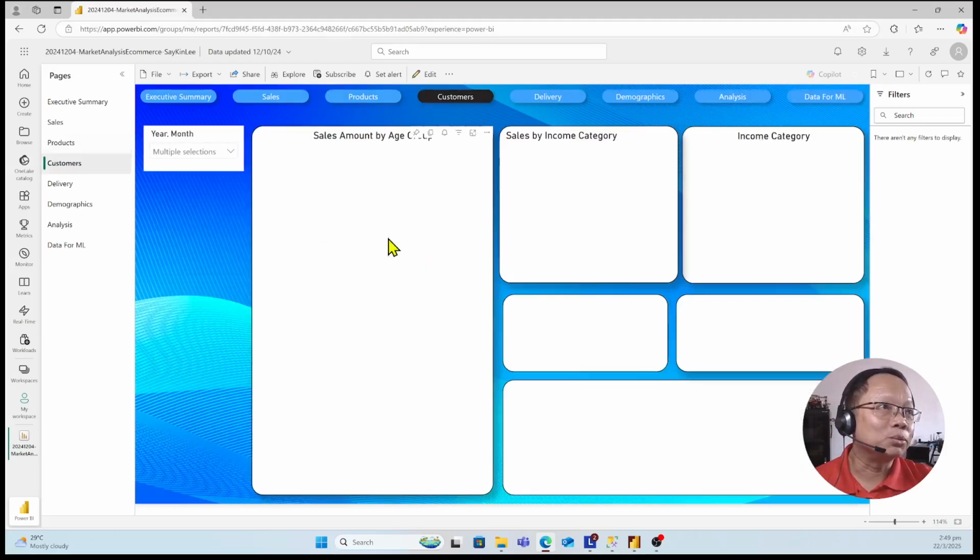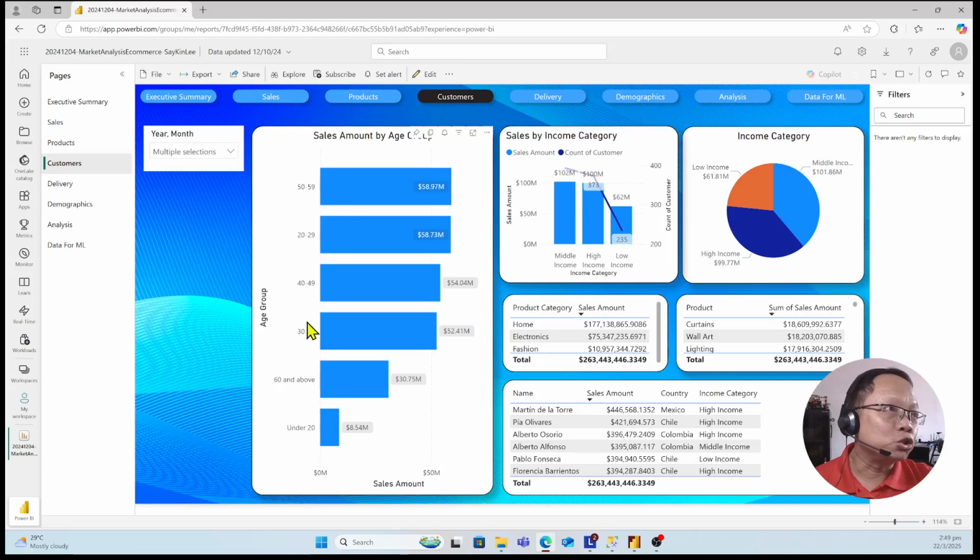Then customers, we also have the customer age group, sales by whether the customer. We aren't able to do this mainly because we don't have the customer age in the data set. We also don't have the income in the data set, but this is just an example.